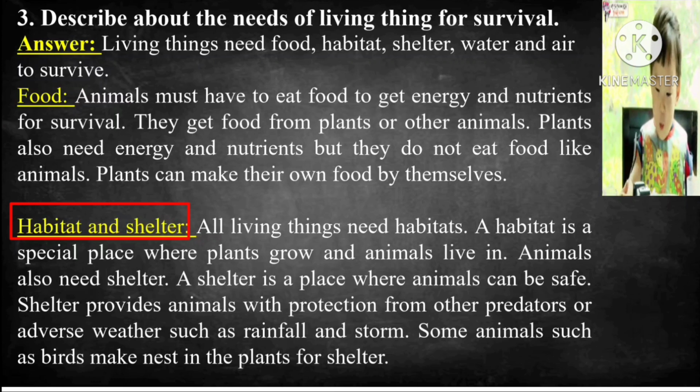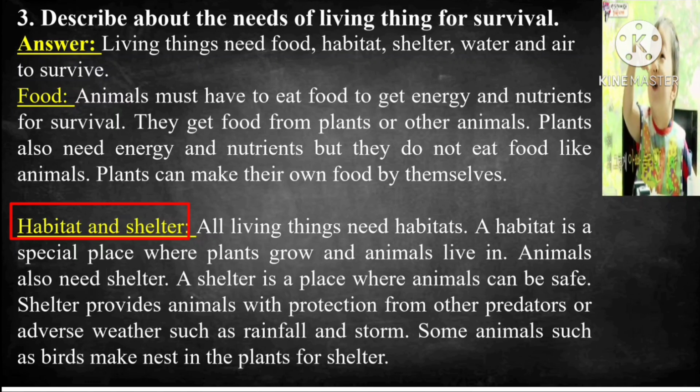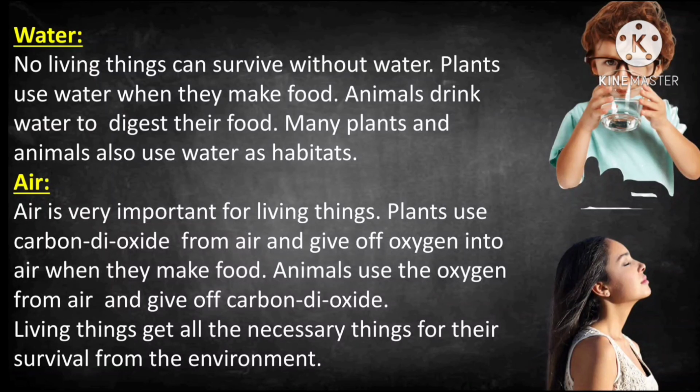We make the shelter according to our requirement, but habitats are made naturally by the Almighty. Every small plant to bigger plant, every small fish to bigger fish, every small animal to bigger animal, they all need a habitat.